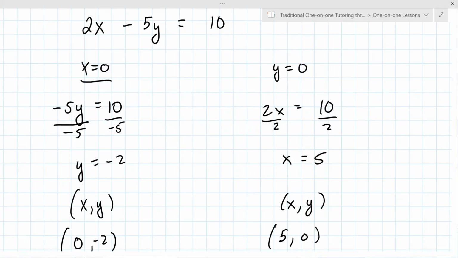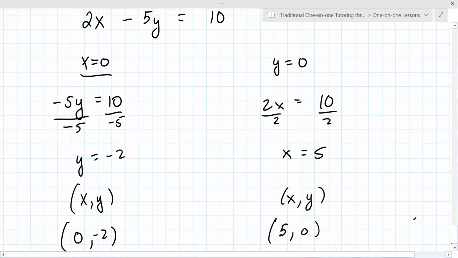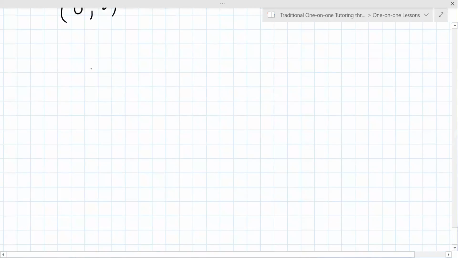Yes, I mean, let's do another one here. 2x minus 7y equals 42.